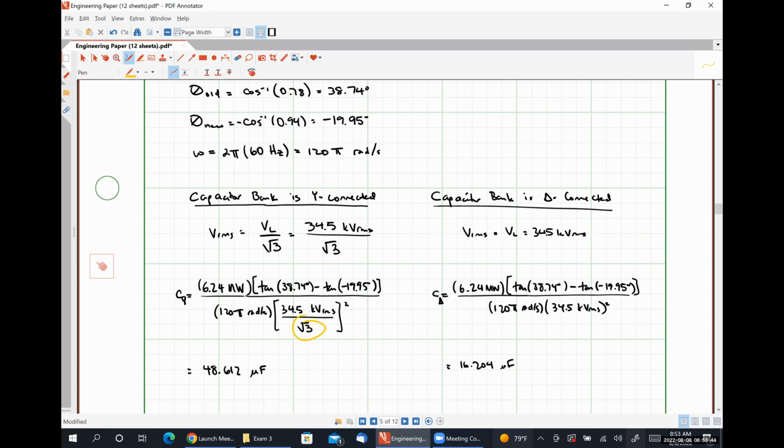Okay. So this brings up actually a pretty important question in a practical sense. If the capacitor C_delta is always going to be 3 times smaller than C_Y, why would you ever do 3-phase power factor correction using a Y-connected capacitor bank?